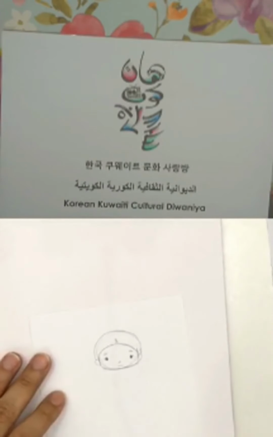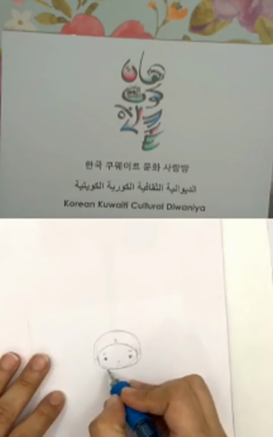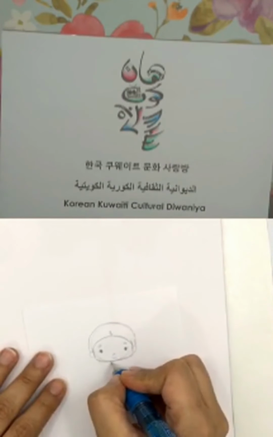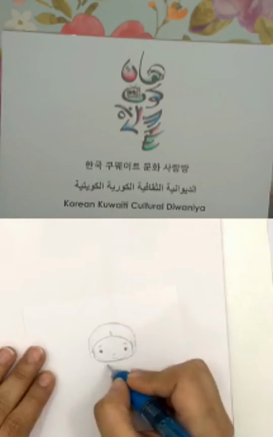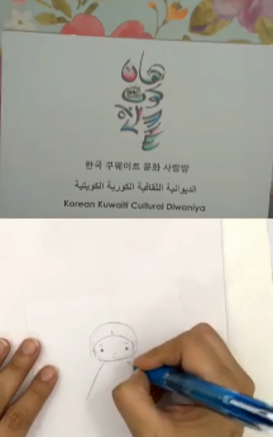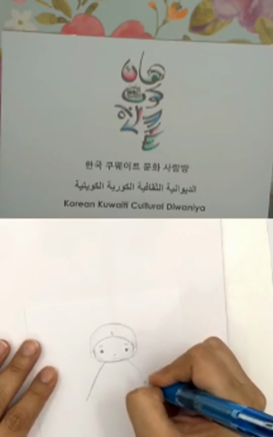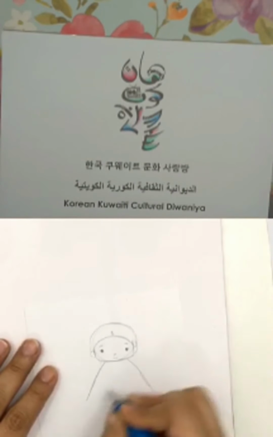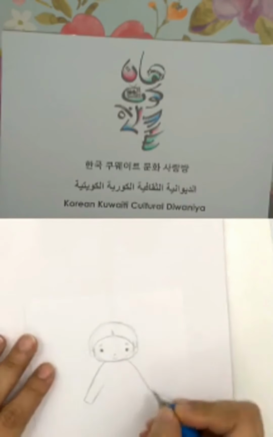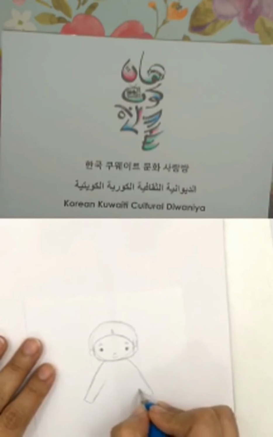And then we're going to make the dress. Since we're drawing a cute version of this girl, we're not going to put a neck for her, okay? We're going straight away to the dress. And we're going to have 2 lines for the hands, like this. And we said it's a normal sleeve, okay?